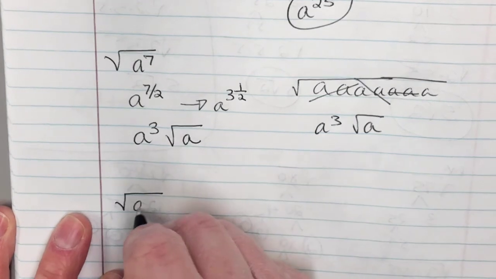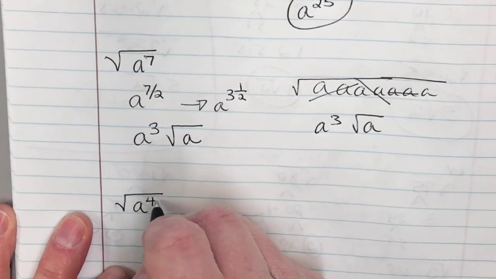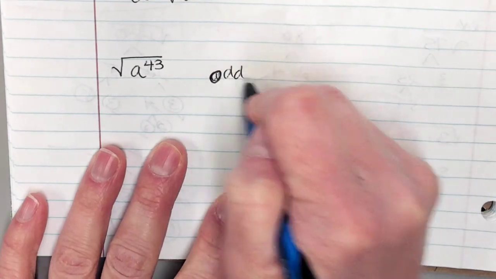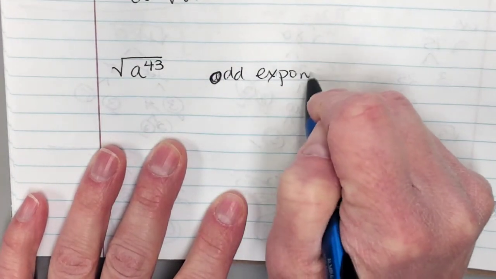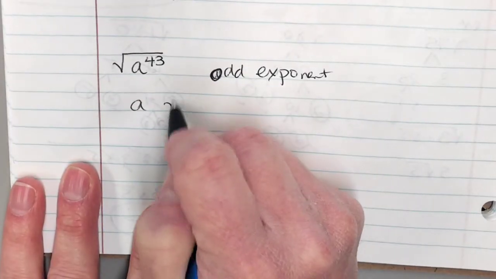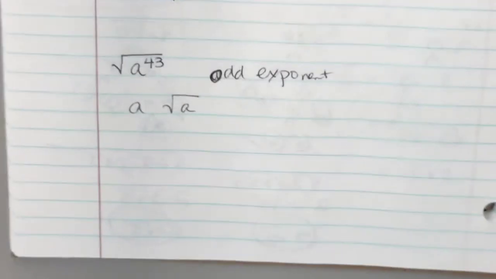Let's do the square root of A to the 43. I am so not writing that out 43 times. A to the 43. Okay. That is an odd exponent. So I know that I'm going to have A's on the outside and an A on the inside.